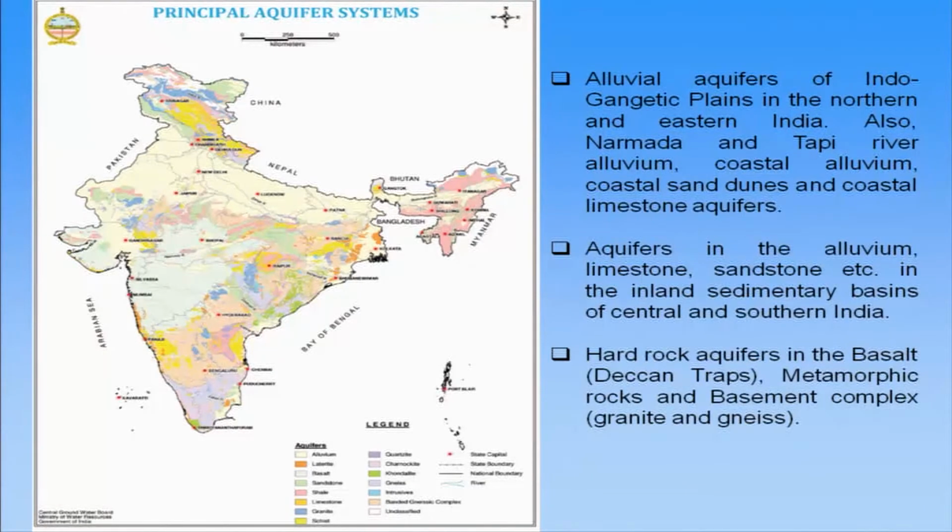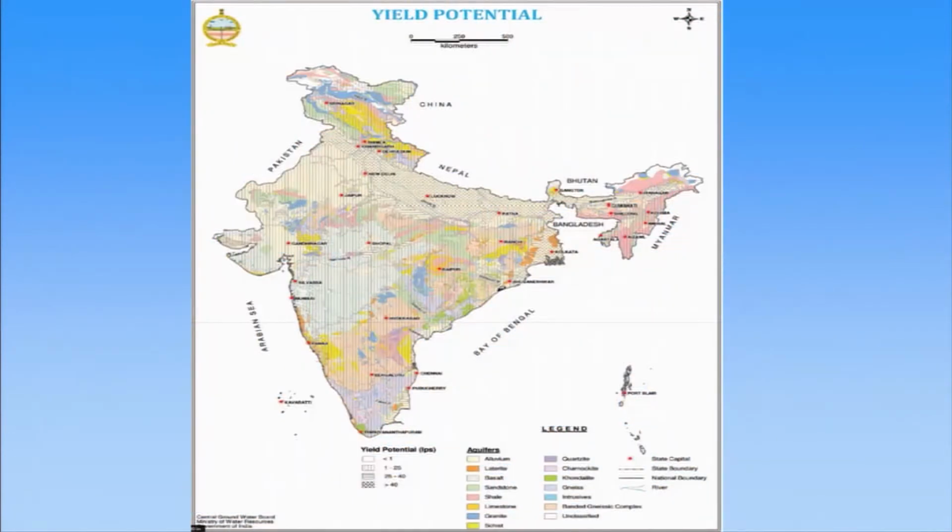So hard rock aquifers in metamorphic and igneous rocks are seen in the central part of India. This is again a diagram which shows the potential yield of water, in terms of the aquifer.